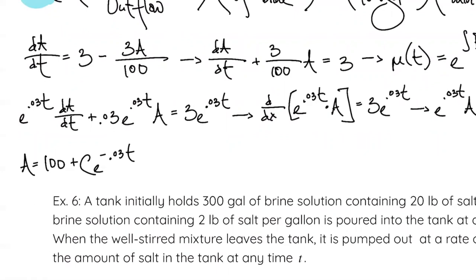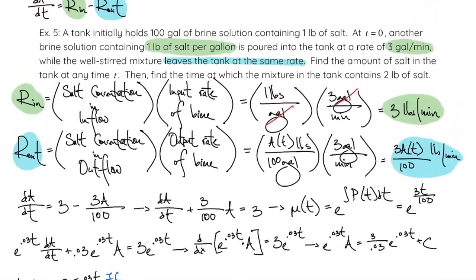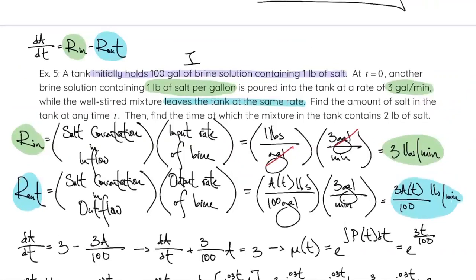So at this point, we're going to go ahead using initial conditions. And in our initial conditions, let's go back and see what those are. Well, it tells us that the tank initially contains 1 pound of salt. That means our initial conditions are at time 0, we have 1 pound of salt. So our initial condition is (0, 1).